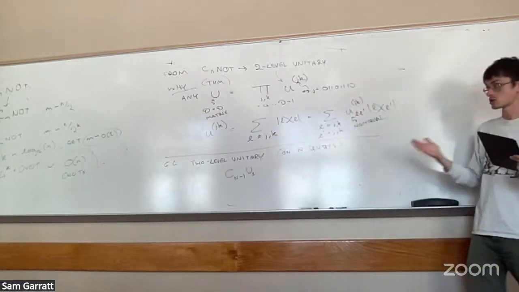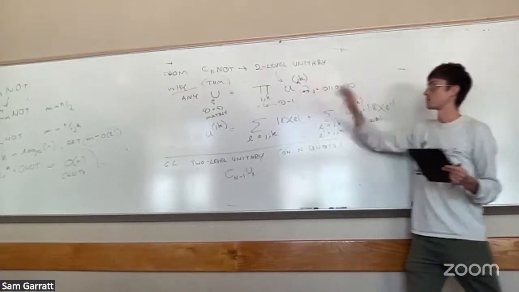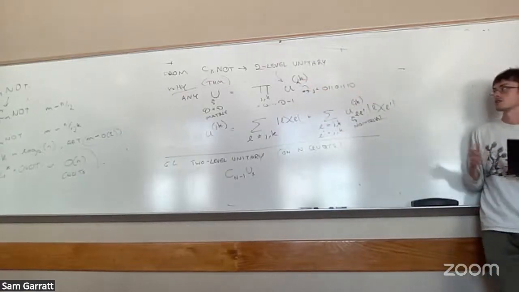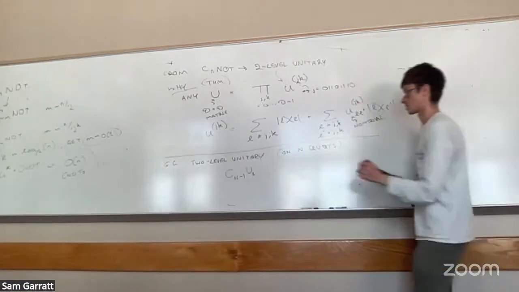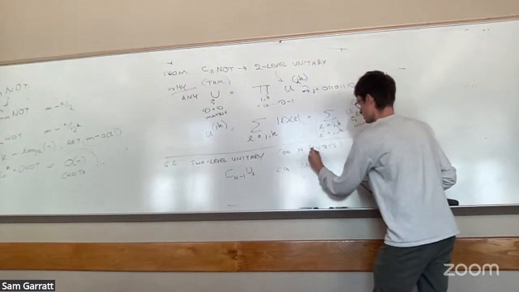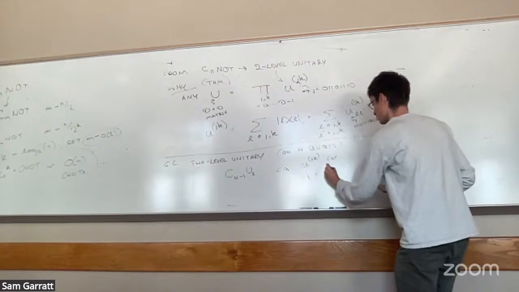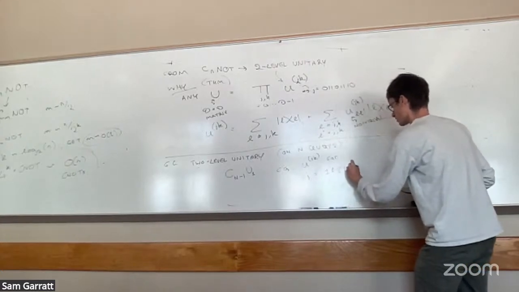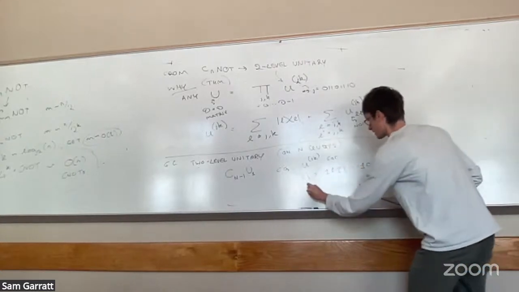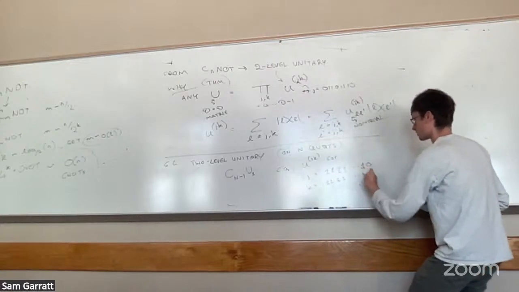So it's a two-level unitary U_JK here, for basis states that differ only in the location of one bit. So, for example, this is U_JK for J equal to 1, 1, 1, 1, dot dot dot, 1, 0, and K equals 1, 1, 1, 1, dot dot dot, 1, 1.